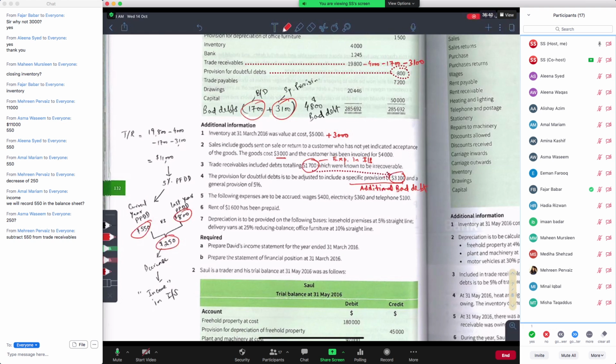Make sure there are quite a few other incomes this time, including the provision for doubtful debts. So after gross profit, before starting the expenses section, you have to include the other incomes as well. So Fajr, if you want to move on, then carry on. Let's wait for a few more people to complete until that part. Then I will show you the answer.